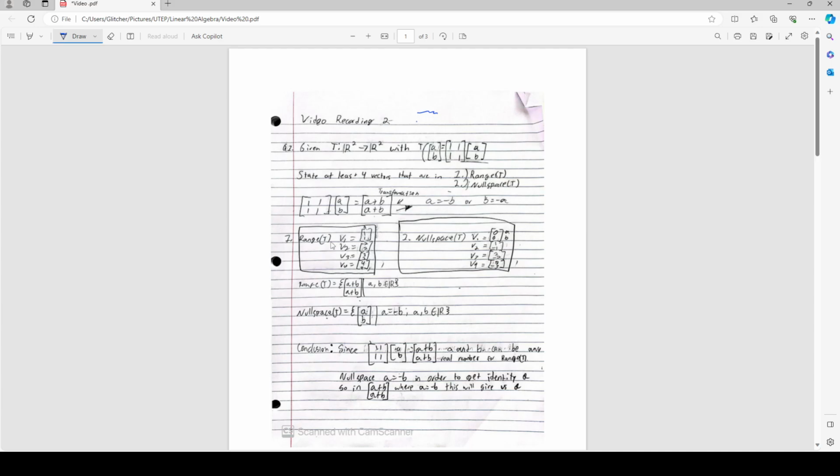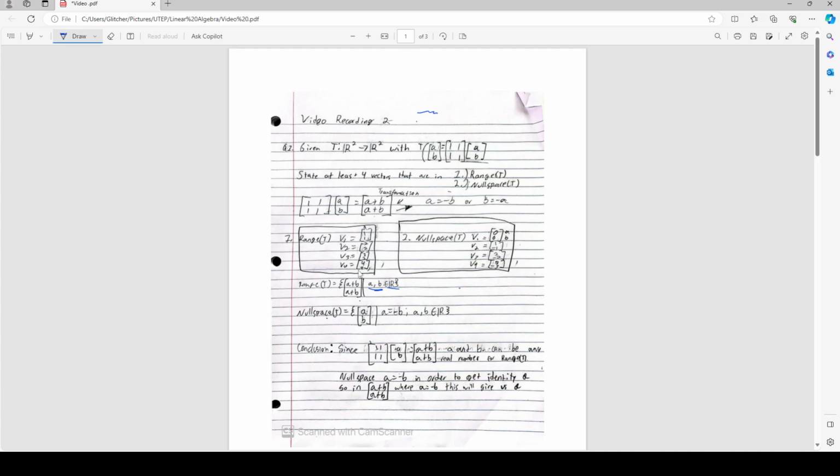So because of this, we have our four vectors. In the range, you can have any real number for A, because our range is A plus B, and for all A's that are real numbers, right? So our four vectors are, for V1, we just have (1, 1). For V2, we have (2, 2). V3, we have (3, 3).